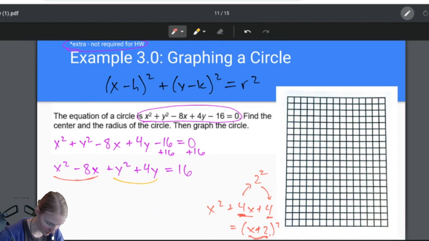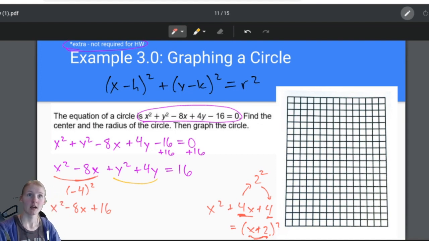So I'm going to take half of negative 8, which is negative 4, and I'm going to square it. So I'll get x squared minus 8x plus 16. Oops, there you go. You can see all of it now. Remember that when I tack this 16 on, all of a sudden I'm just shoving a 16 in here.